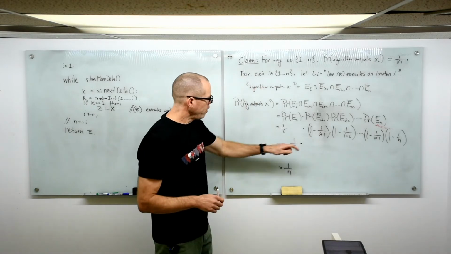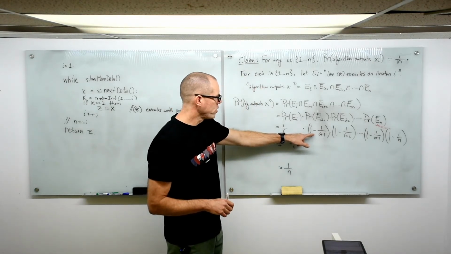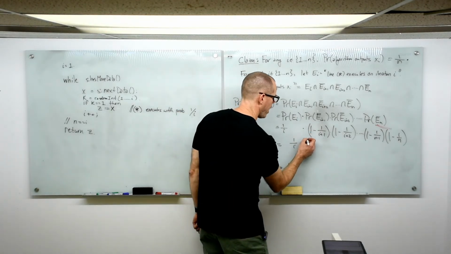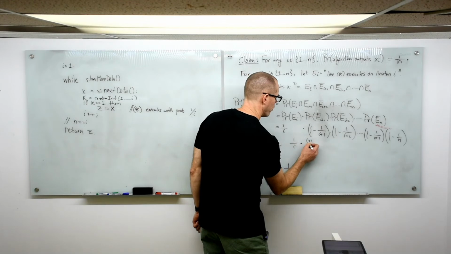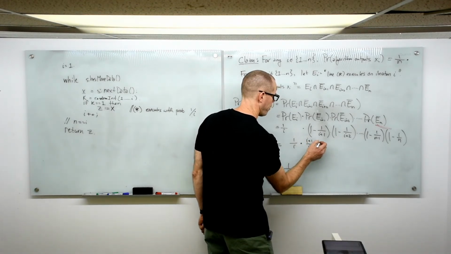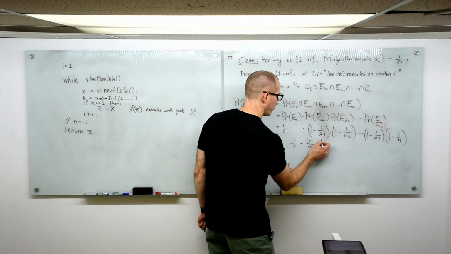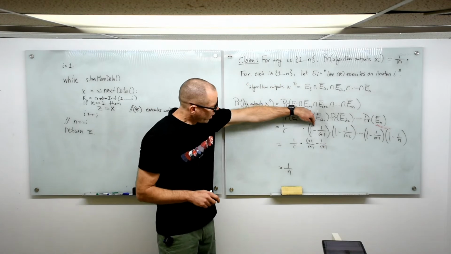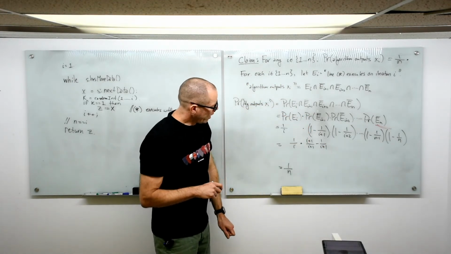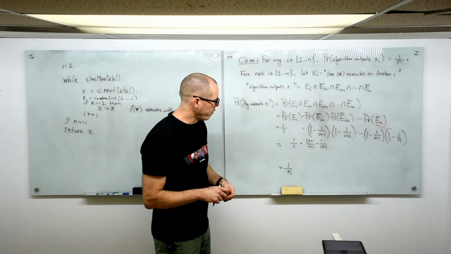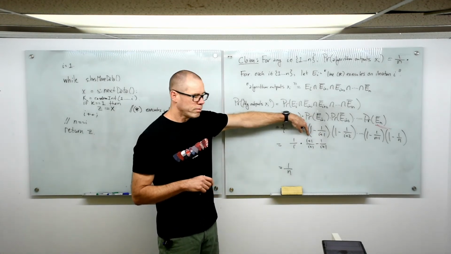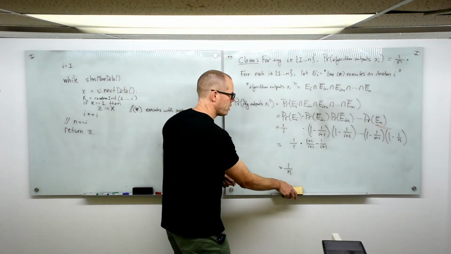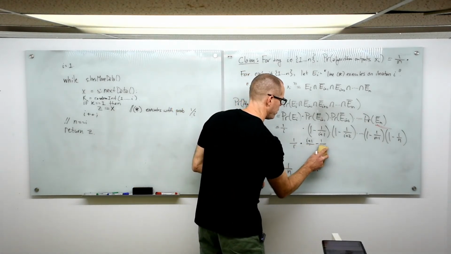Now, this 1 is just i plus 1 over i plus 1, so we write it out longhand: i plus 1 over i plus 1 minus 1 over i plus 1. And then this is the other part of it. Hopefully you see that. Now we have a common denominator, so let's use that.